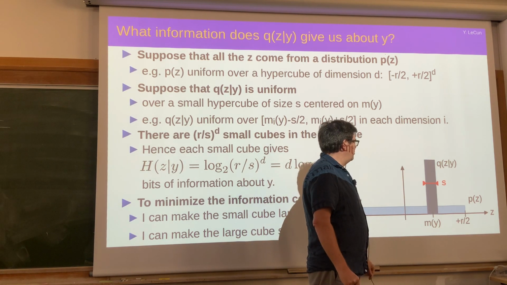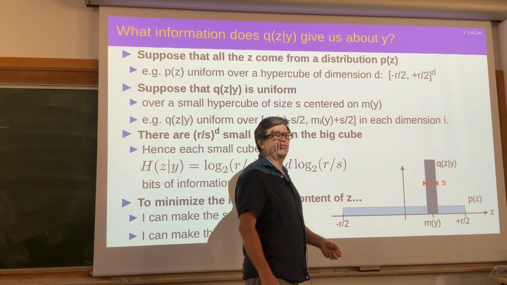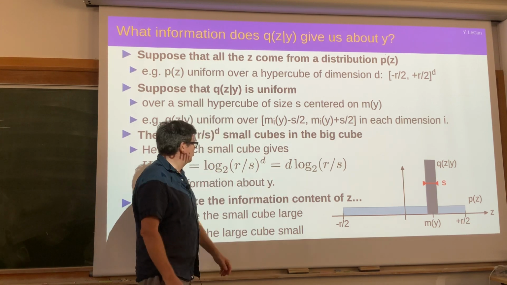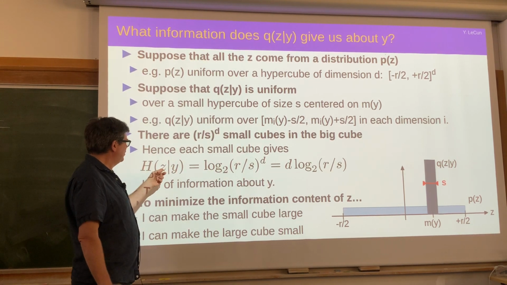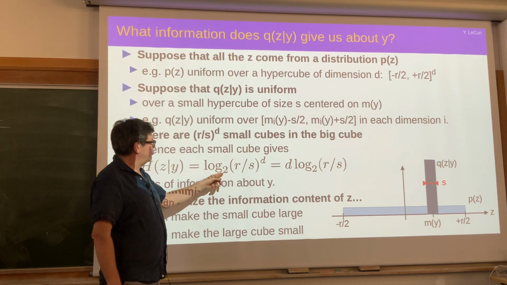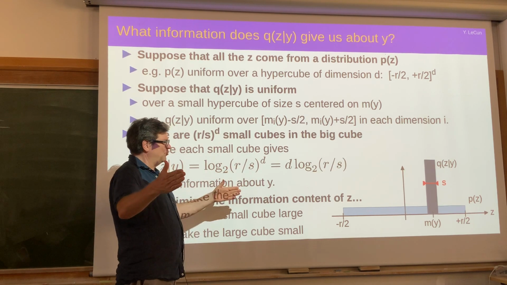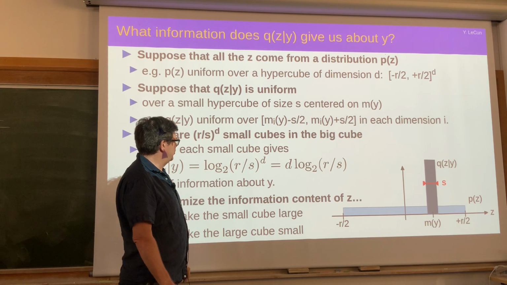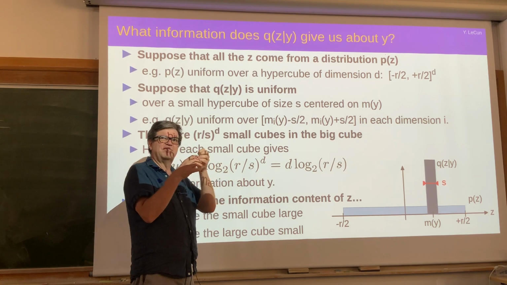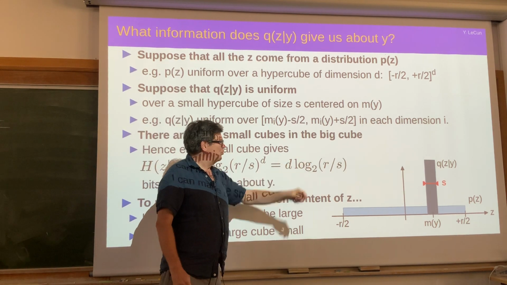Basically, it's how many of those little cubes I can fit in the big cube, and then I take the log of that, and that gives me how many bits of information I get from a particular Z. So the information for each Z given a Y, where Z has this fuzziness about it, is log base 2, if I want to measure in bits, of R divided by S, the large size divided by the small size, to the power D. Okay, this is how many small boxes I can fit in the big box, which is D log base 2 of R over S.